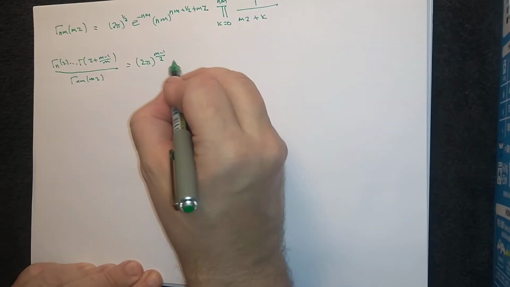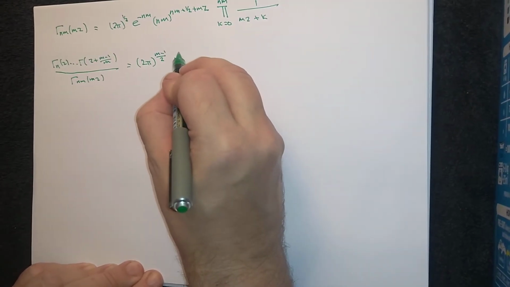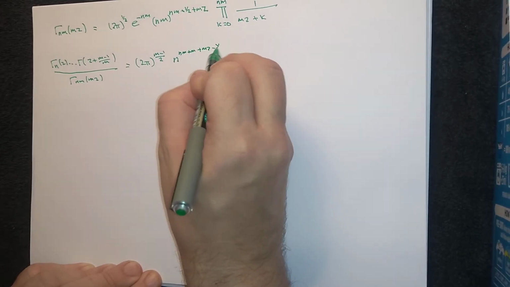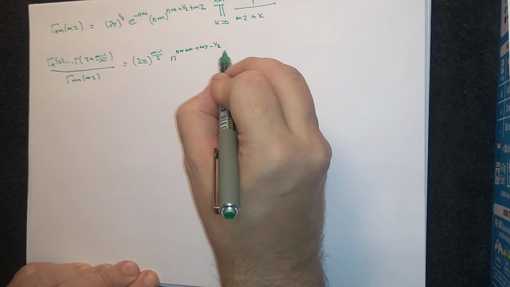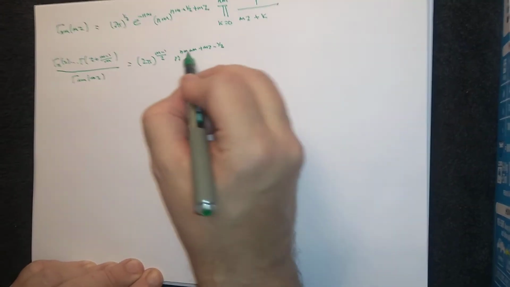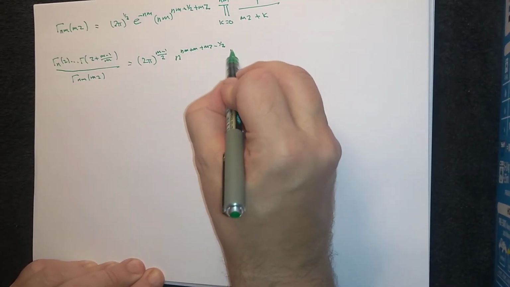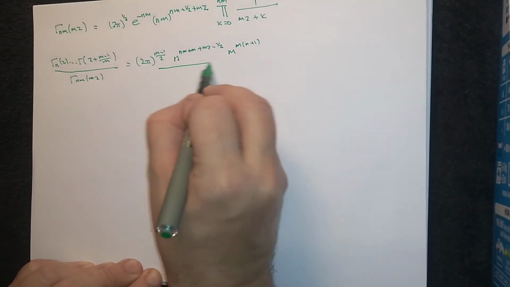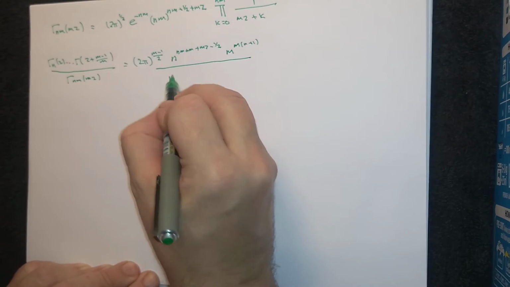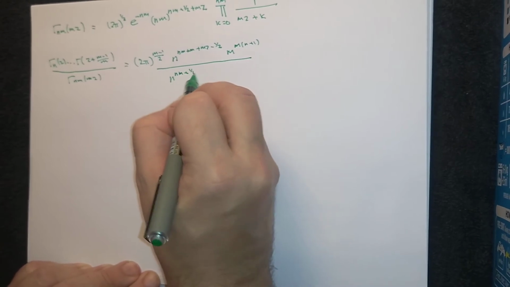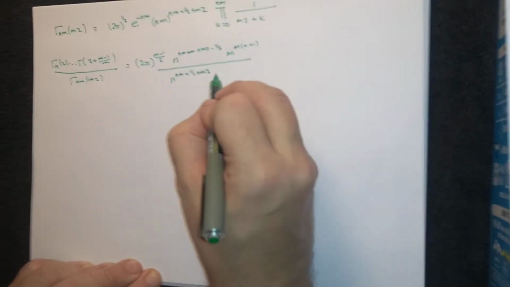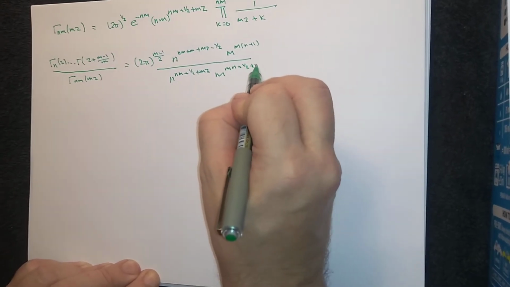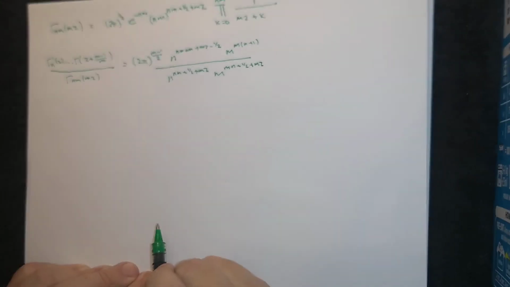We have an n to the nm plus n plus mz minus a half, m to the mn plus 1, and let's divide it by n to the nm plus a half plus mz, m to the mn plus a half plus mz.